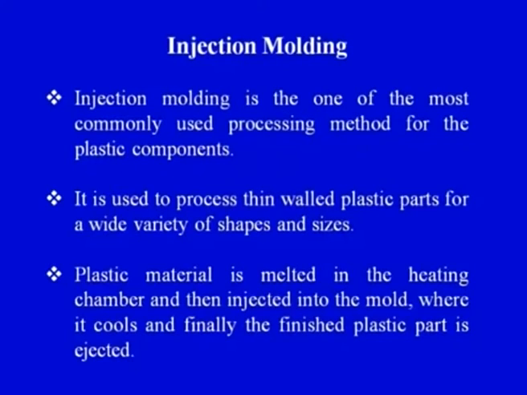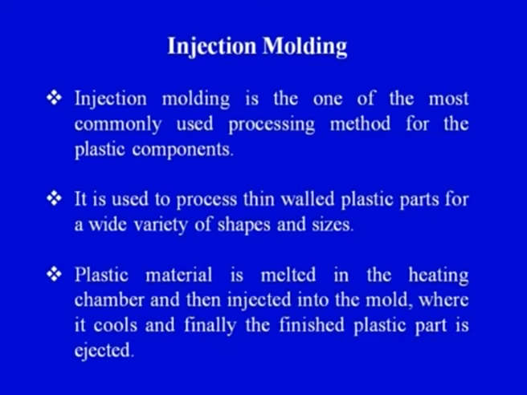So it is an automatic, commercialized and very fast process. The production rate is also very high. Again I am emphasizing point number 1: injection molding is widely used, and it is one of the important processing methods for plastic components.